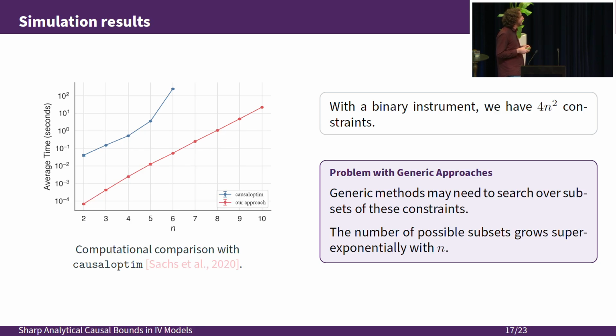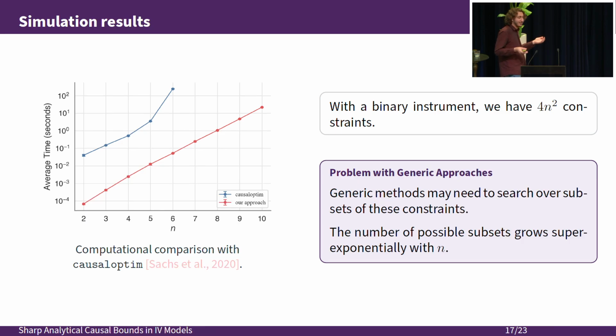This occurs because generic enumeration methods iterate over all subsets of our conditions. Here we have 4n squared conditions, which means the number of subsets is super exponential. So generic enumeration methods fail.